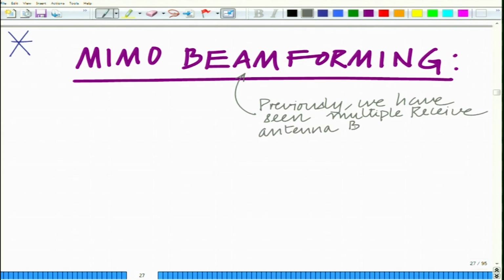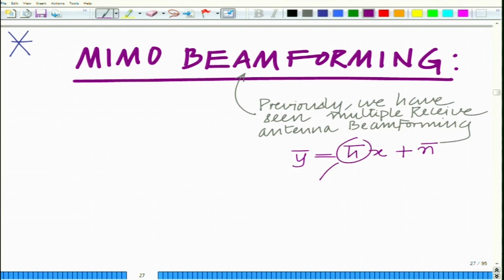You might recall that we consider a system which is modeled as y bar equals h bar times x plus n bar, and then we derived the beamformer for this system.